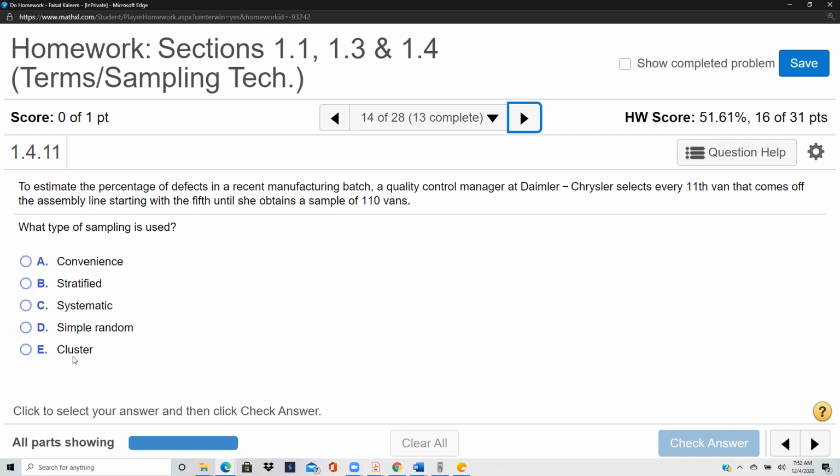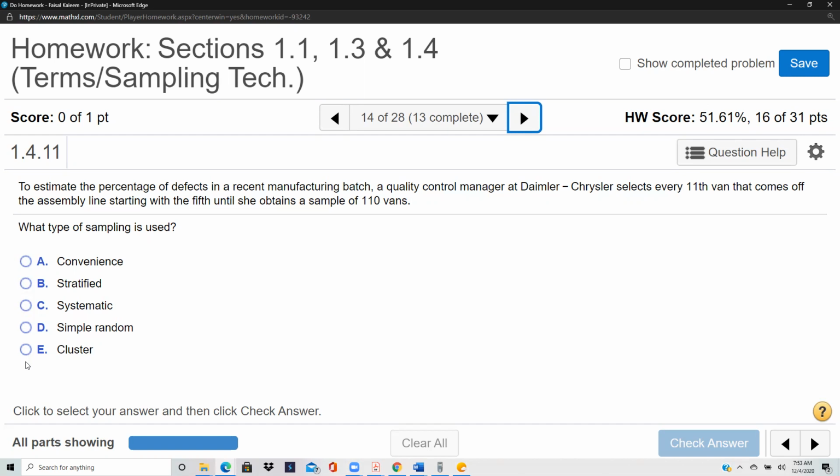And then we have these 2-level samplings, which are stratified and cluster. In stratified, you pick everything at the first level and a few at the second level. For example, suppose we want to know the opinion of the American public about the current president, and we select all the 50 states, and let's say we select 30 persons from each state.